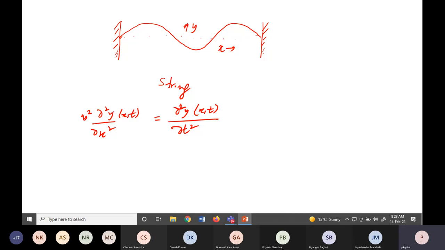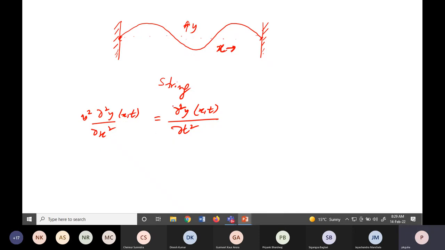v square d2y/dx2 is equal to d2y/dt2. Okay, so this y is the amplitude of the wave, and x is the direction in this way, where the 2 points are fastened. Okay, and this wave is not only changing with x, but it is also a function of time, right?